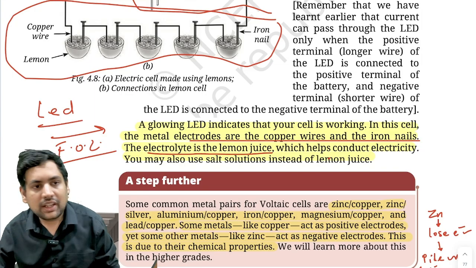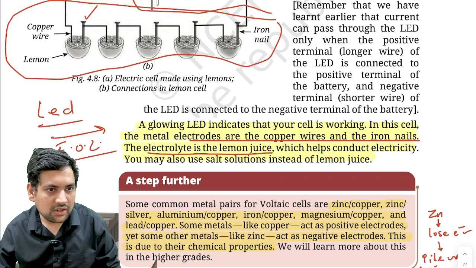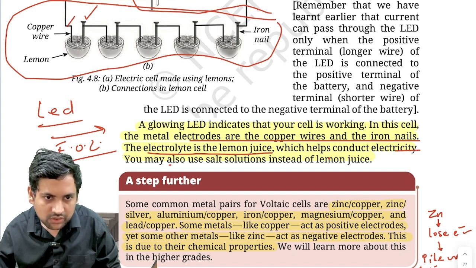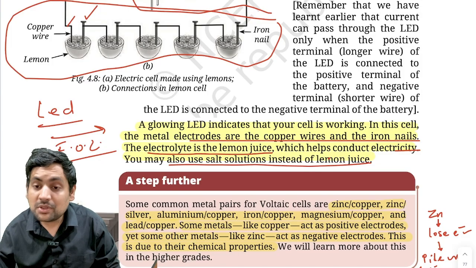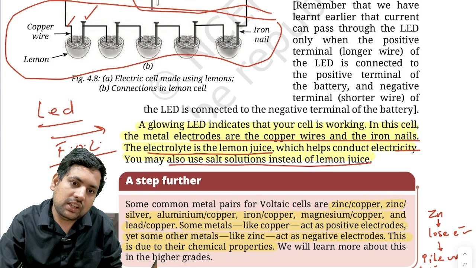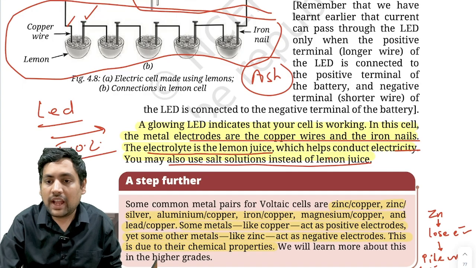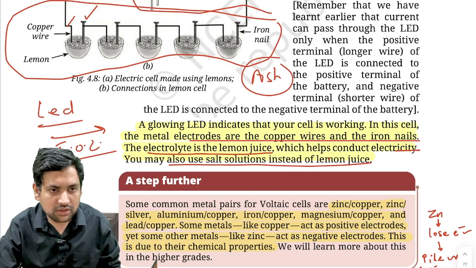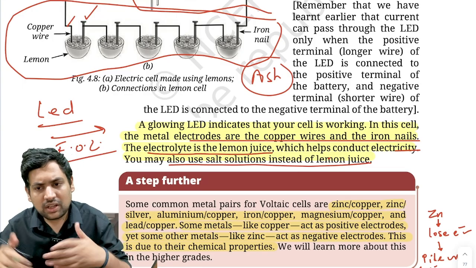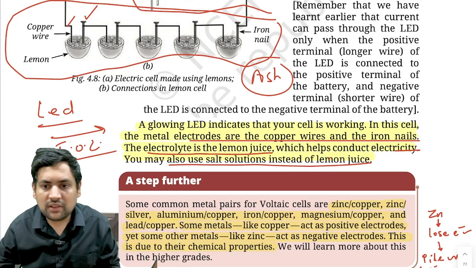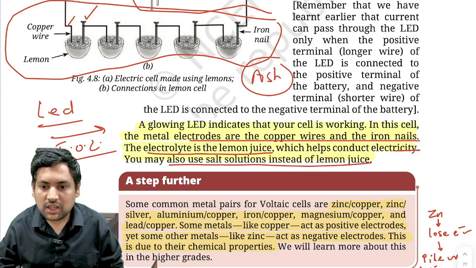So that is the electrolyte, and you have iron nail and copper wire which helps in conduction of electricity. You may also use salt solution instead of lemon juice. In fact, in our school we did this using ash, which can also act as an electrolyte in the same way. You put an electrolyte and two electrodes and it will start showing some amount of current flow.